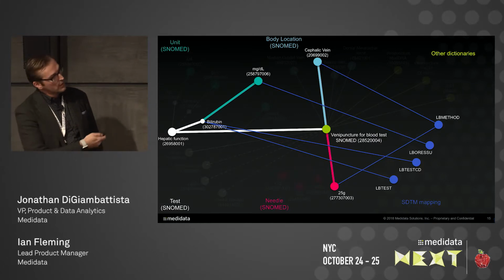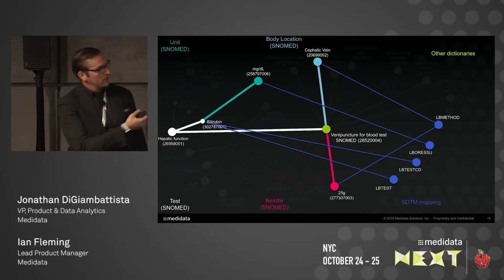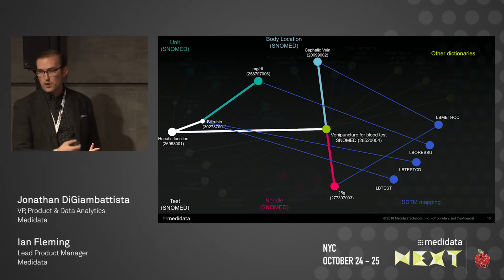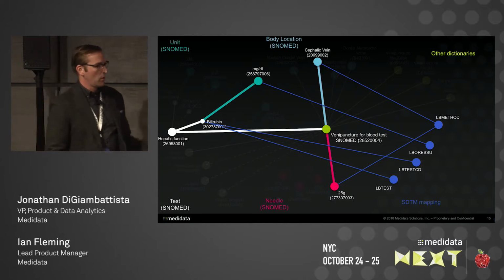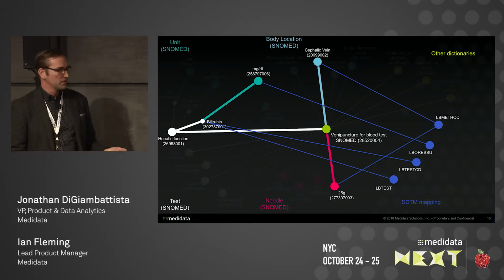You see that, for example, bilirubin codes into lab test and lab test code. The milligrams per deciliter codes into the unit, and the cephalic vein and the 25 gauge needle are also encoded into method. We can encode all that into the knowledge graph as well, because all we're really doing is plucking these concepts off and making a data structure out of them that contains those concepts.